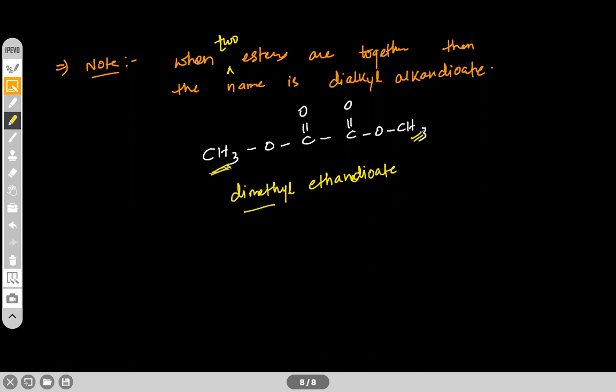Now the another functional group is amide. The amide functional group, the suffix is amide itself. Yes, we should write that in alphabetical order. Correct, Gayatri.